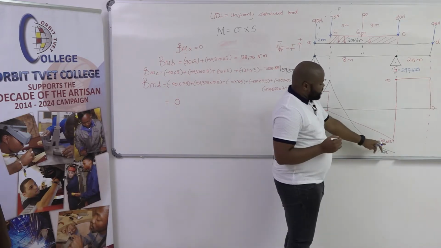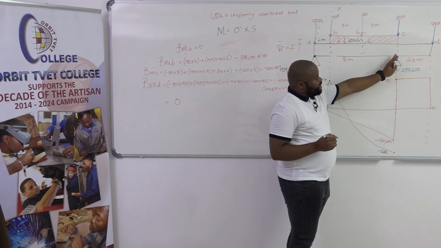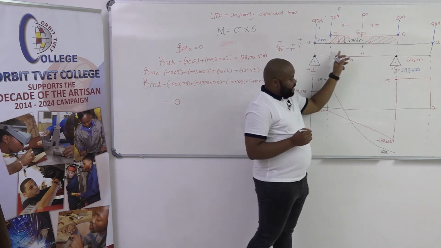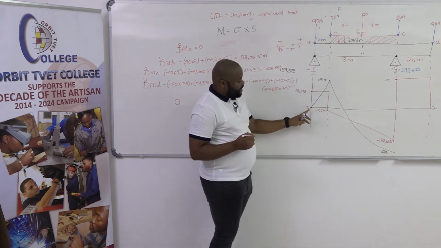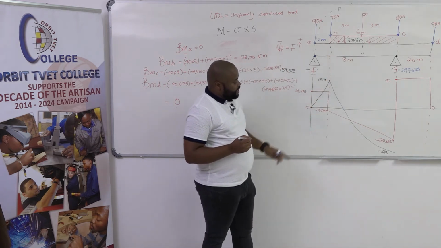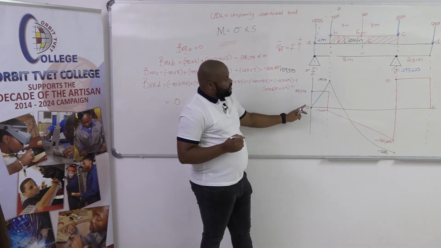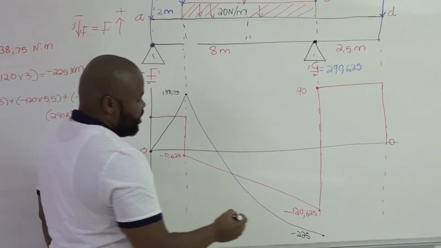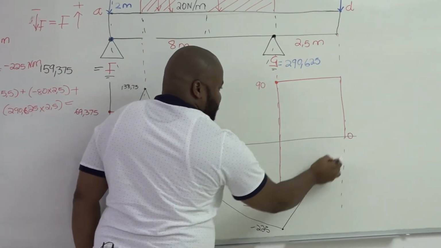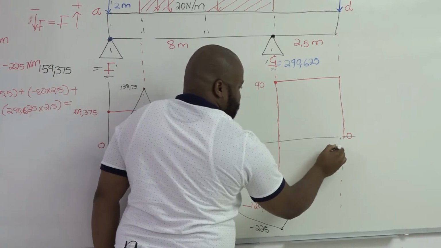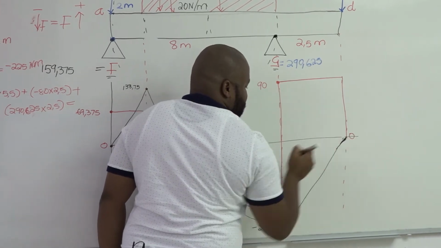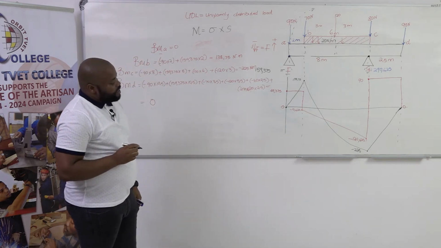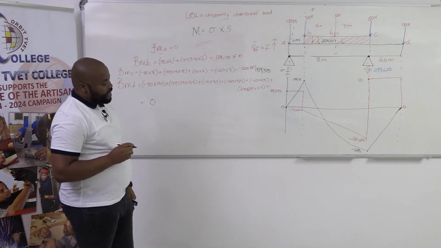So from C now going to D, we no longer have a UDL, meaning that we're going to go back to the sloping part that we were doing from the first portion before we started with the UDL. So we're now going to slope back to 0. So that is the shape of our bending moment graph.